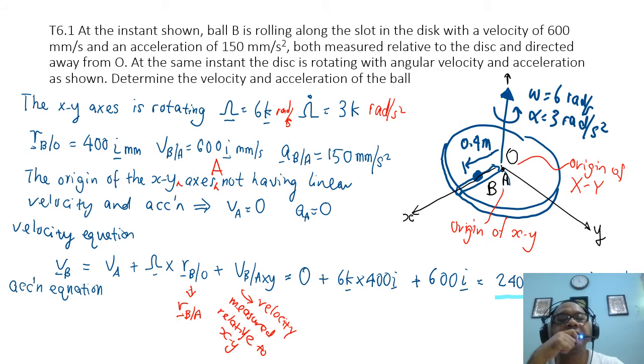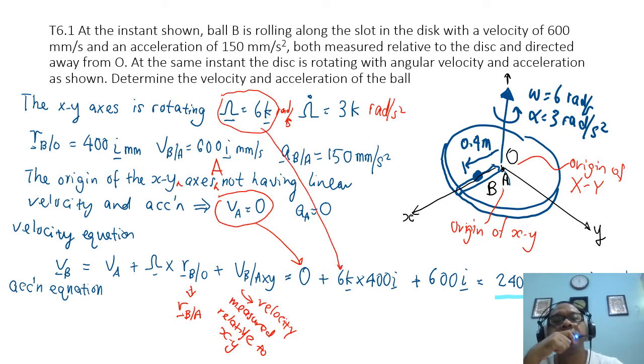So here VA is 0. We know that VA is 0. We know that omega is 6k. And position vector is 400, it's 0.4 meter. So that's position vector.